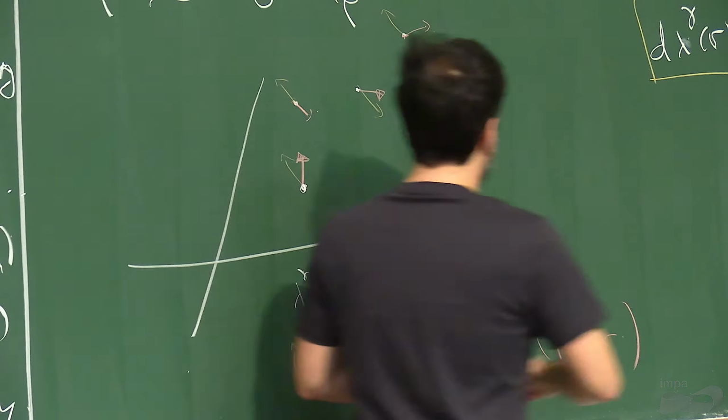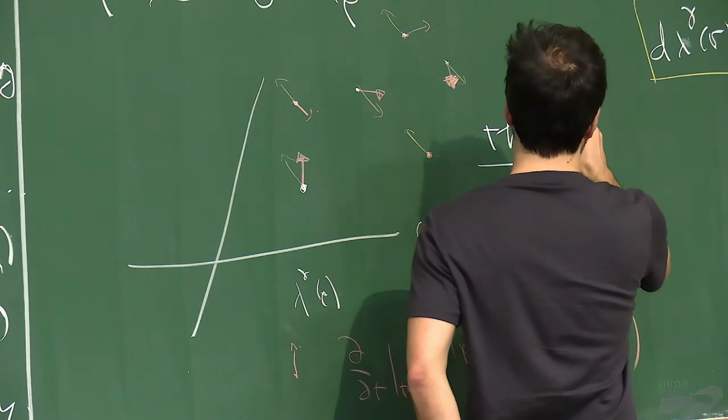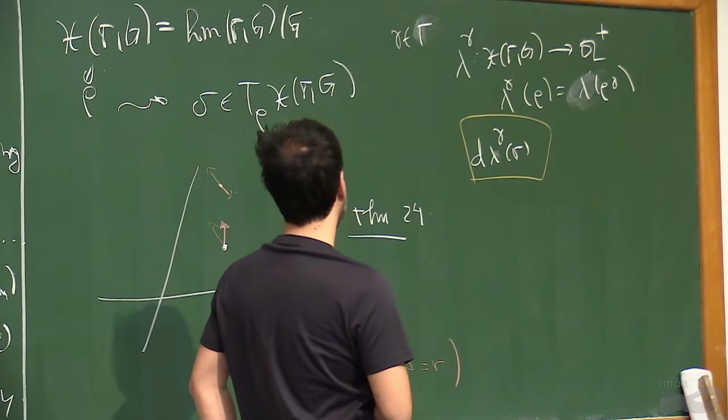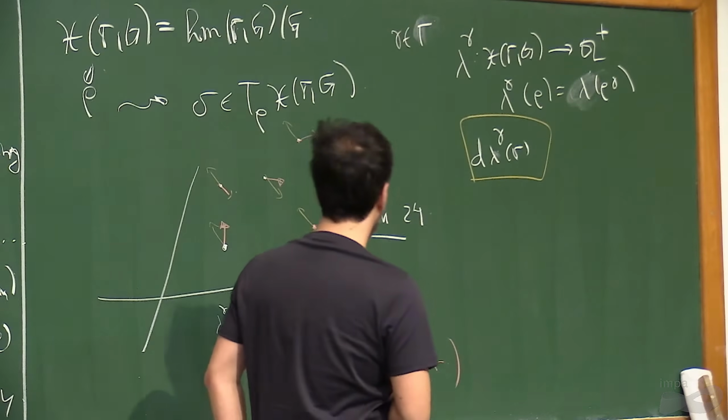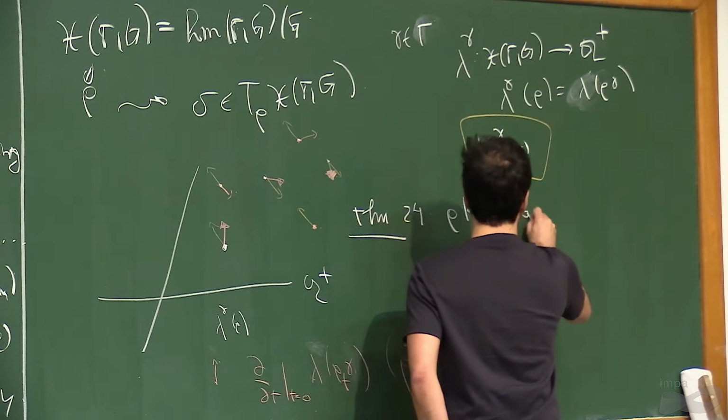So I guess the theorem, I can write it like this. So assume, so let me, the hypothesis, so rho of gamma is Zariski dense.